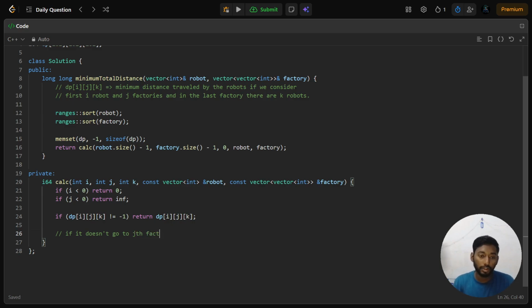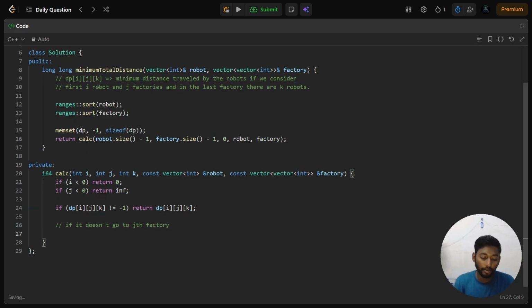If it does not go to the jth factory, what does that mean? That means it will go to another factory. So for that case, other equals what will it be? We will simply calculate with i as the last robot, because it does not go to the jth factory, and j minus 1 will be the last factory, because it won't go to the jth factory, so it will definitely go to one of the factories previous to it.